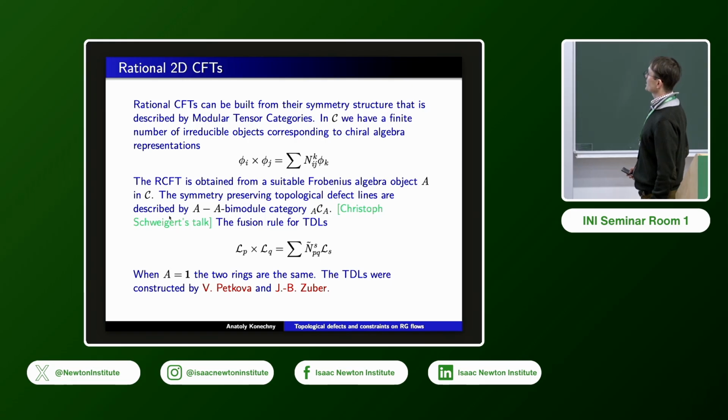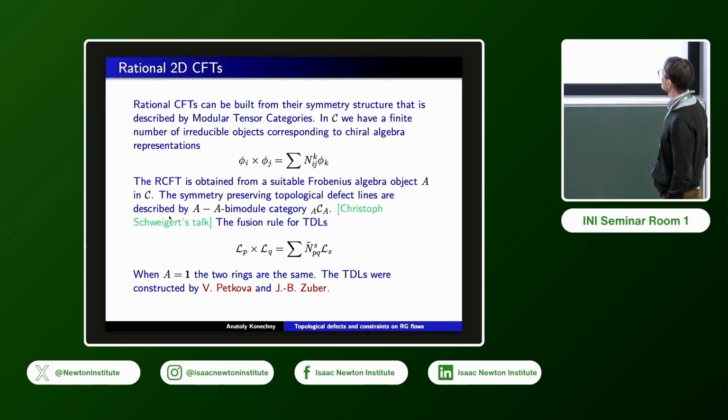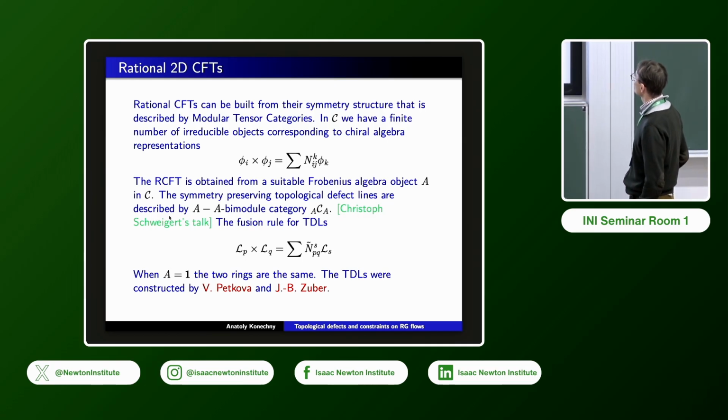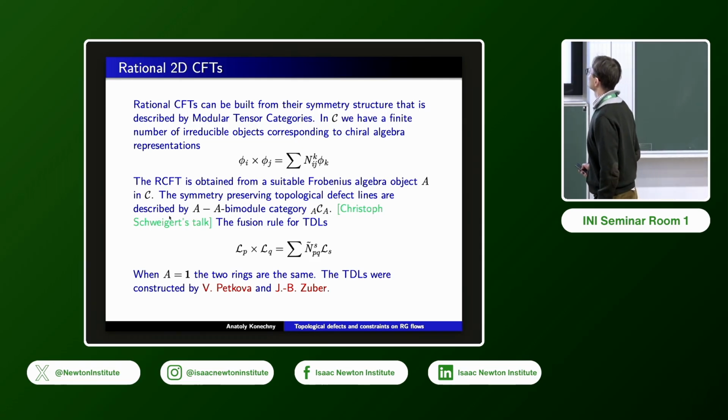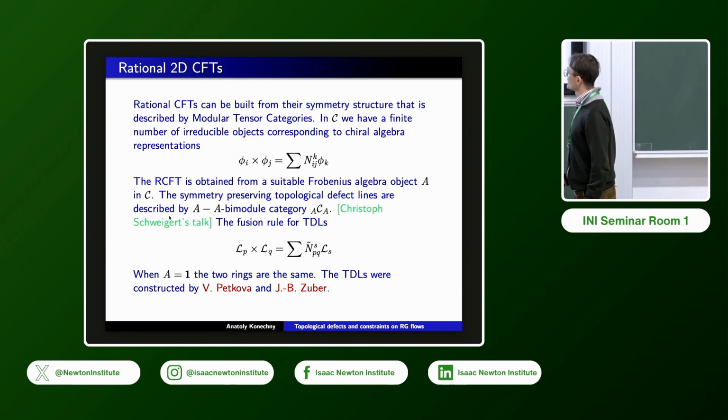Once you have these bimodules, you can construct a fusion rule for them as well, which has the same form, but depending on your A, the structure constants can be different, in principle, from the structure constants in your symmetry algebra.